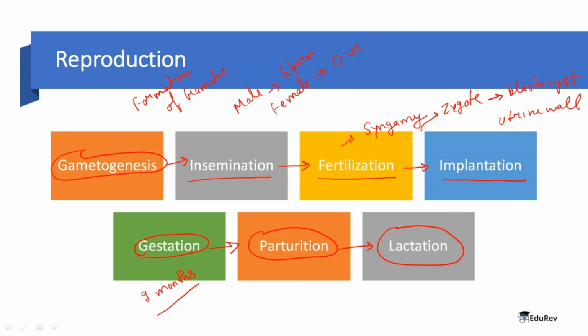These are all the steps in reproduction, and they should be remembered, because sometimes it is asked in the exam. First is gametogenesis, then insemination, then fertilization, then implantation, gestation, after that parturition, and the last step is lactation.